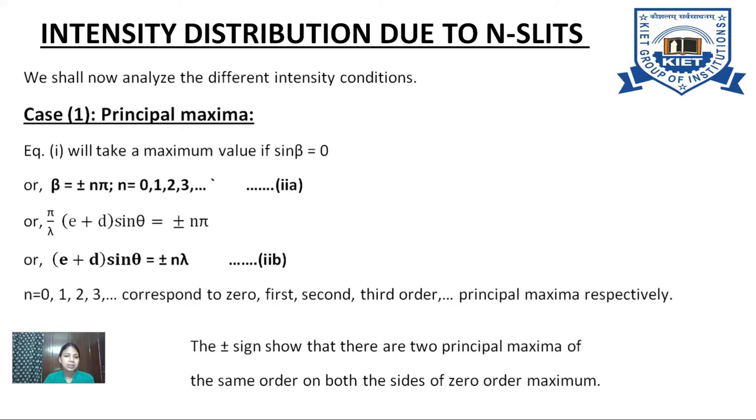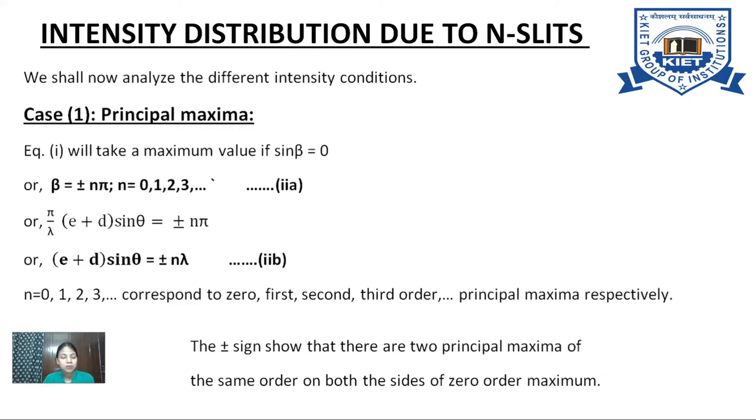We shall now analyze the different intensity conditions. The first case is the case for principal maxima. Equation 1, which we just saw, will take a maximum value if sin beta is equal to 0. Sin beta equals 0 implies that beta is equal to n pi, where n can take values 0, 1, 2, 3, and so on. Or if you substitute the value of beta, we get pi upon lambda (e plus d) sin theta is equal to plus minus n pi.